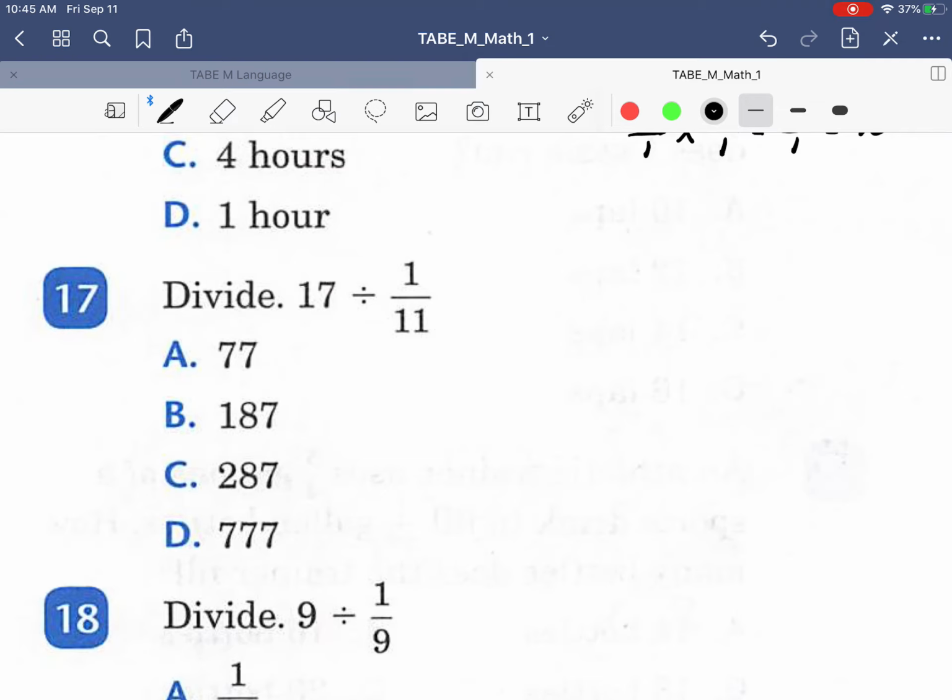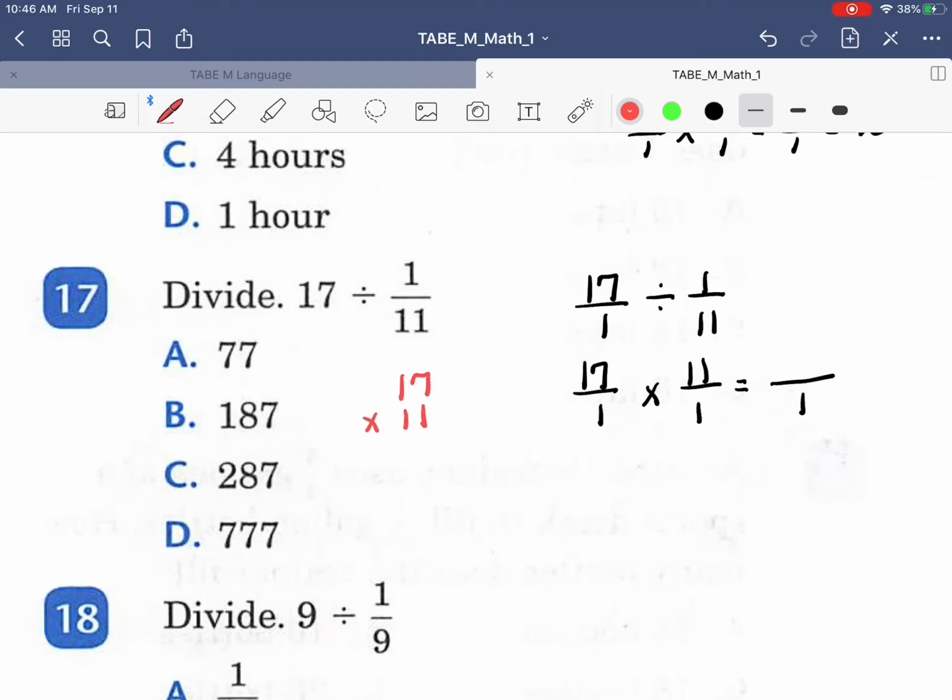Number 17 tells me exactly what I need to do. I need to divide this problem. 17/1 times 11/1, and I will work this one out for you. You have 17 times 11.